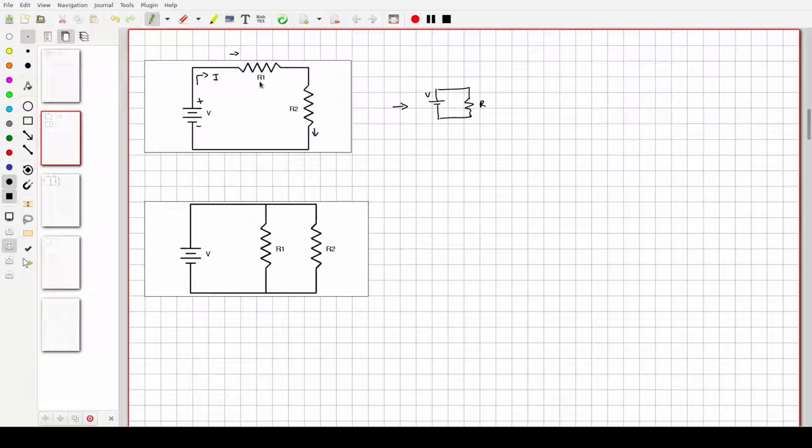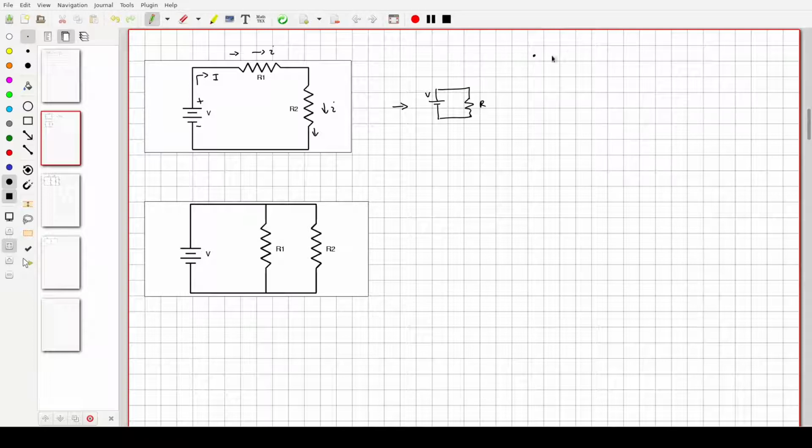So what that means is that if you think of the way current works in a series circuit with resistors, the amount of current flowing through R1 and the amount of current flowing through R2 are going to be the same.